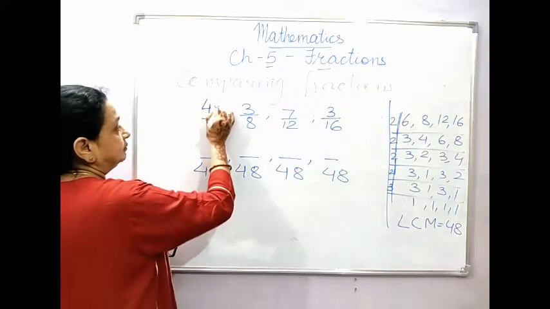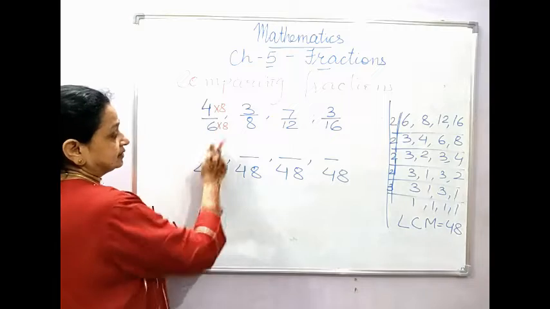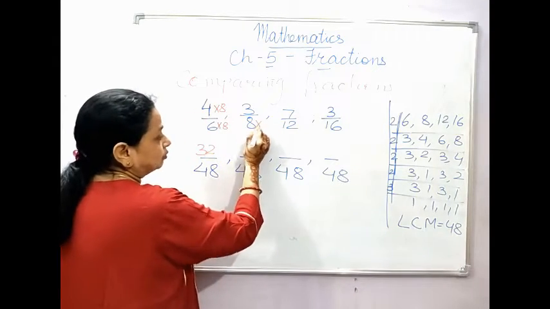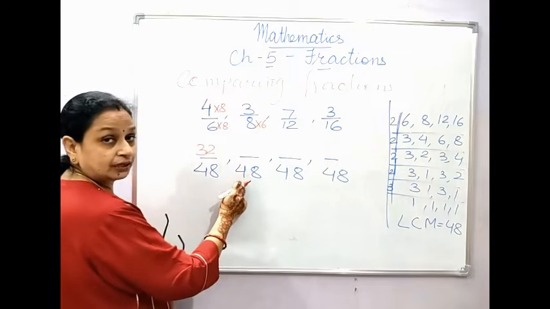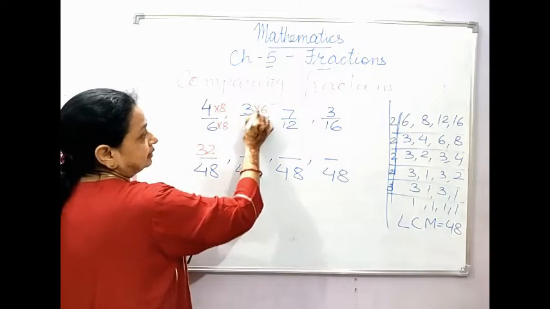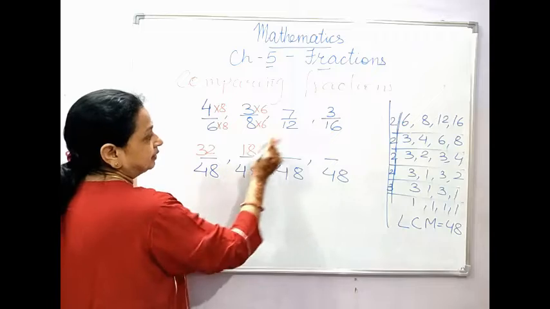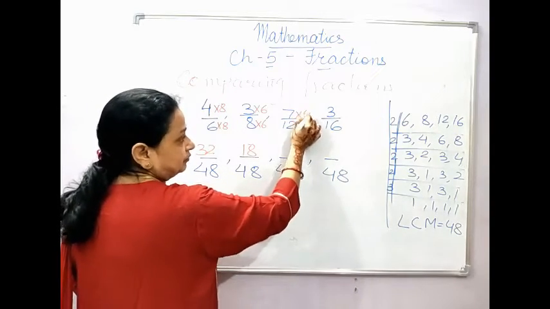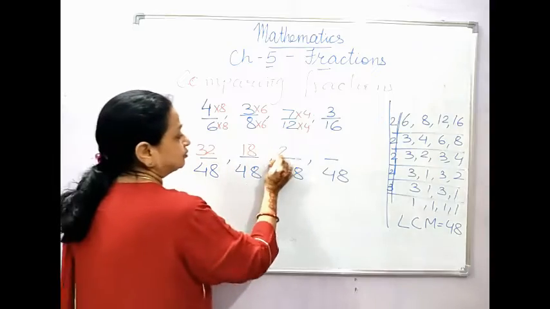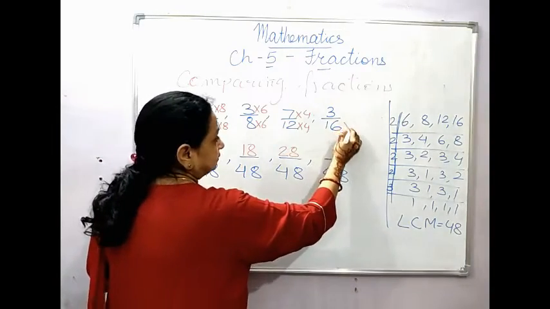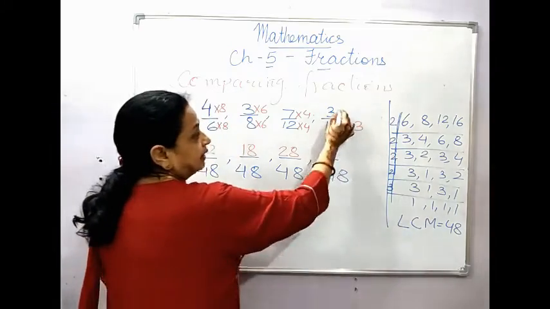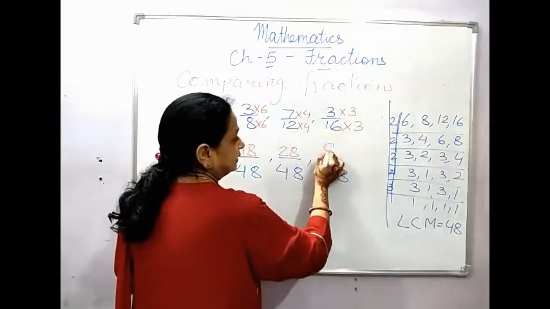So 6 8s are 48, 4 8s are 32. Then 8 6s are 48, so we multiply by 6. 3 6s are 18. 12 4s are 48, so we multiply by 4. 7 4s are 28. Then 16 3s are 48, and 3 3s are 9.